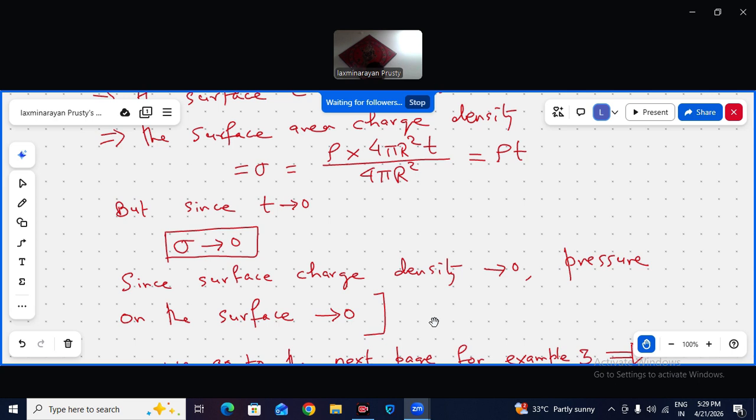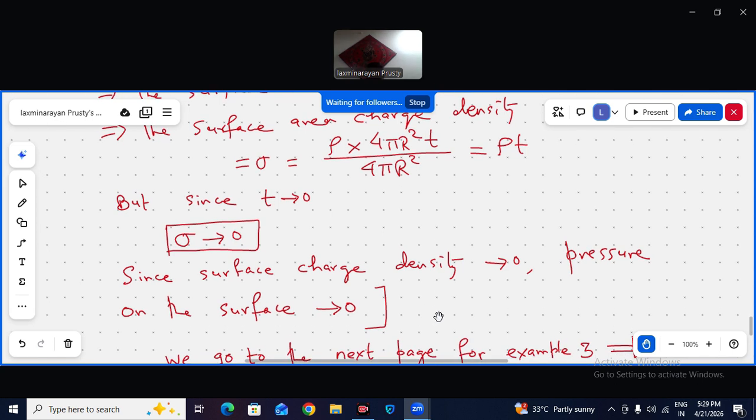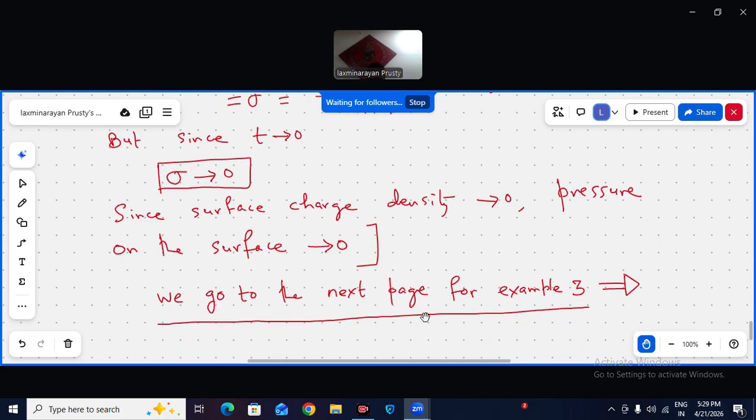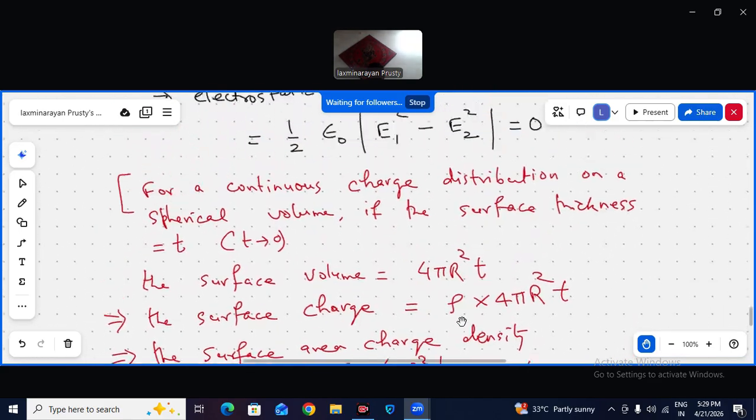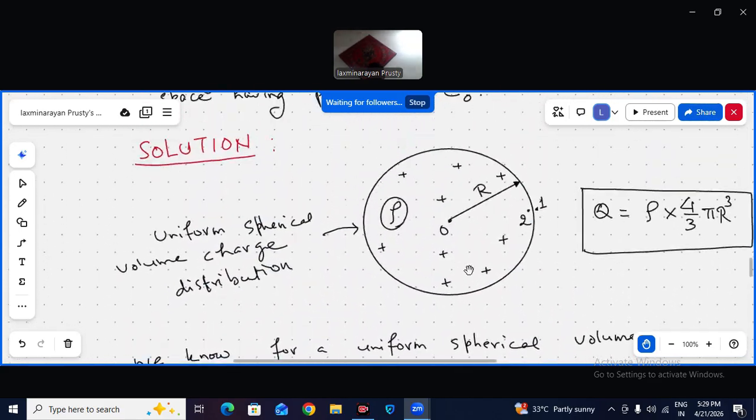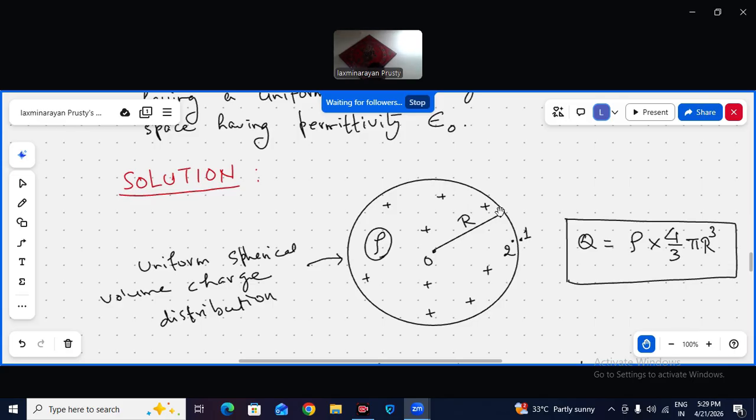This product will give you pressure. So if the surface charge density tends to zero, as small as possible, the pressure will be as negligible as possible. Clear? So on a uniform volume charge distribution, there is no discontinuity of the electric field and no pressure on the surface.